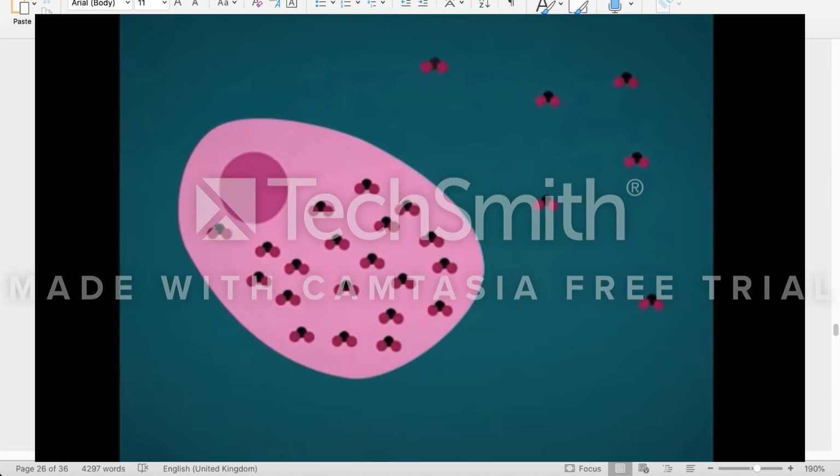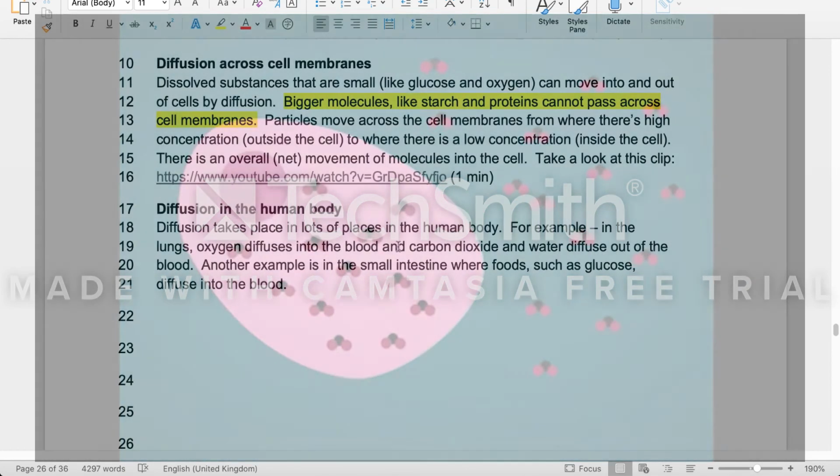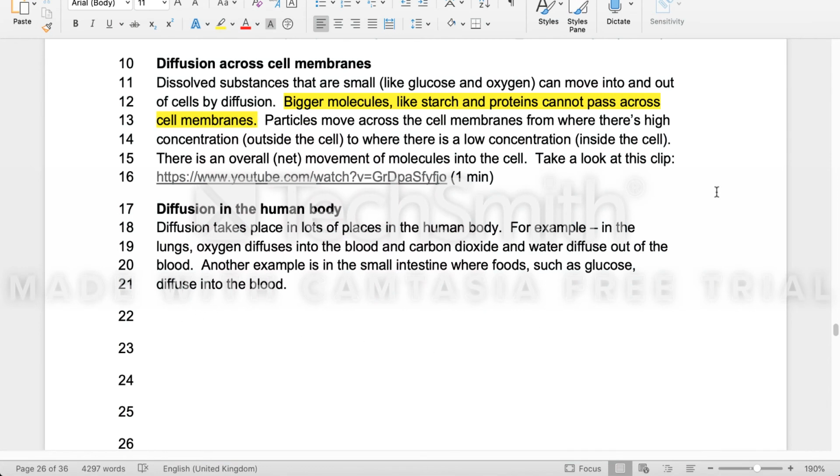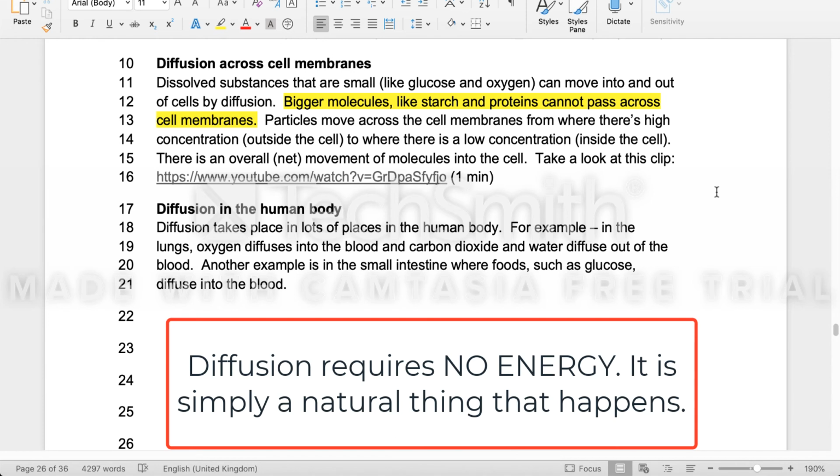All right, and the best thing about this, I'm going to add this annotation at the very bottom here. The best thing about diffusion is that there's no energy involved. You don't actively need to use up energy. You don't get tired by breathing, right? So there's no energy that's needed to do diffusion. It's a no energy process.